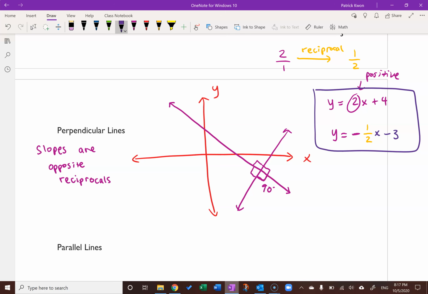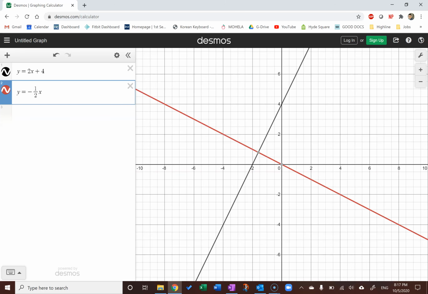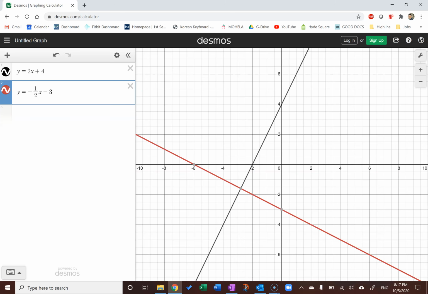And then our other equation was y equals negative 1/2 x minus 3. And look at that. When you look at the angles the way they're formed, they are in fact a right angle. So Mr. Kwan is not lying to you, at least about this.